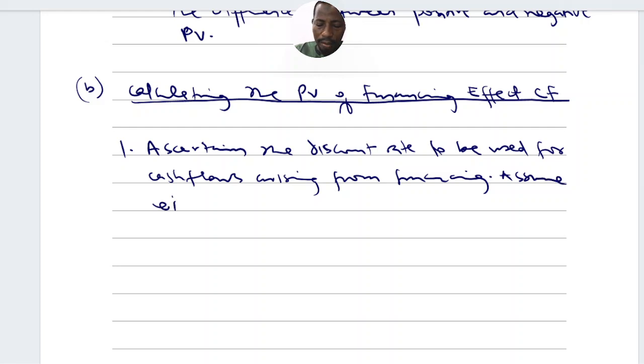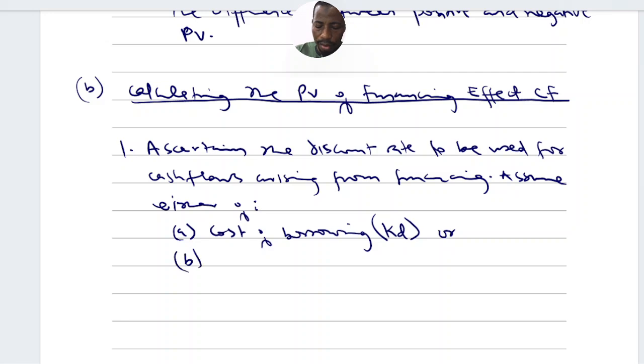Either of A, cost of borrowing, that is the interest rates, or risk-free rate of return.